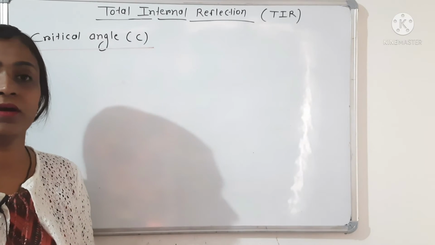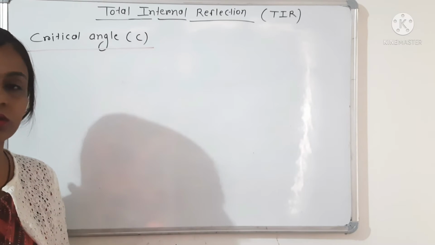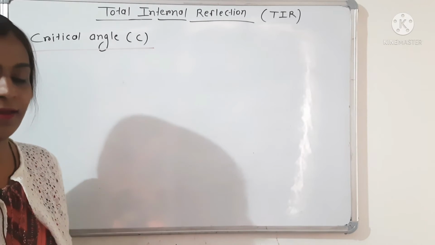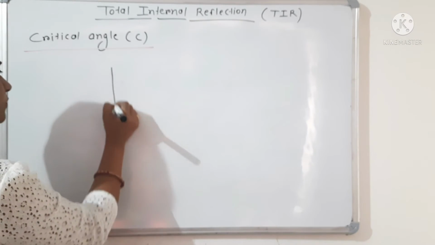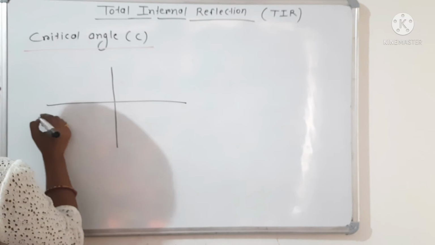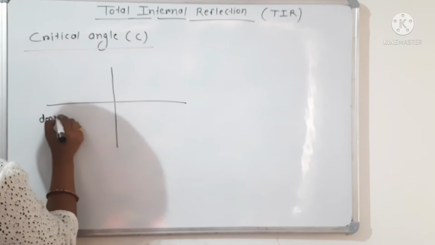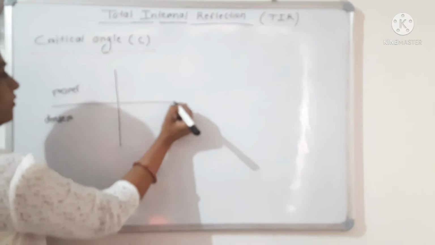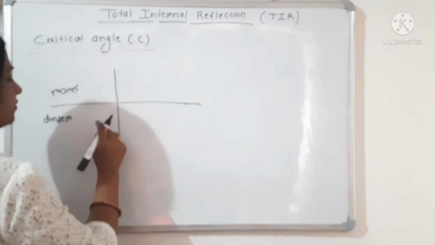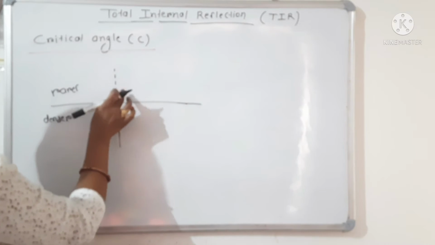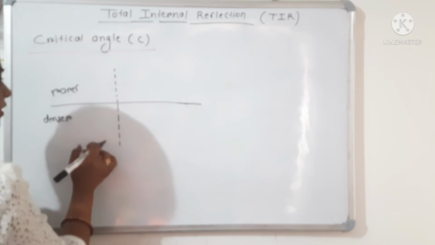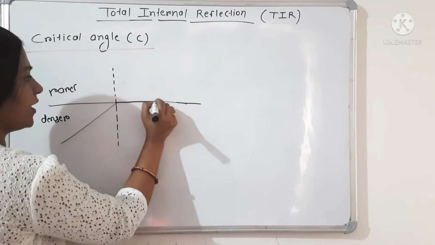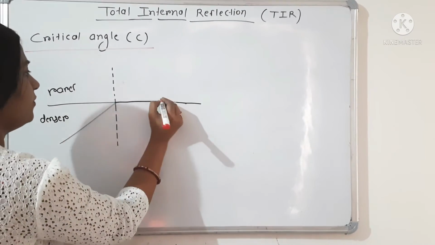See, again, we calculate the value of this critical angle. This is our denser medium, this is our rare medium. When a light ray is incident along the normal, the refracted ray becomes 90 degrees.